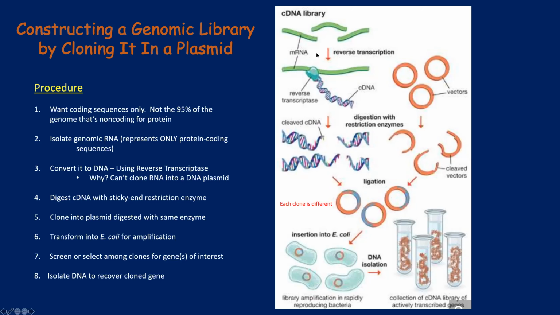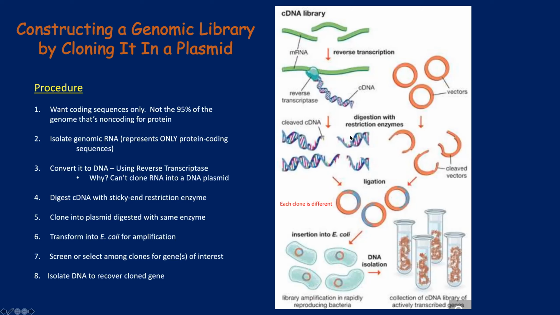And why is that important here? Because you can't clone RNA in a DNA vector. The vectors are always DNA. So you reverse transcribe the messages into what's called complementary DNA, cDNA, with reverse transcriptase, and then you treat that as your library.